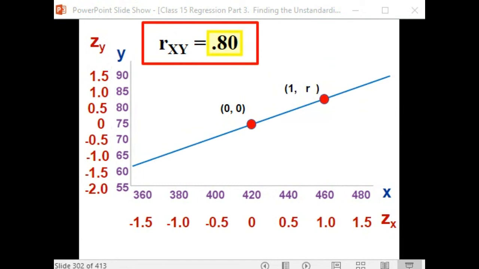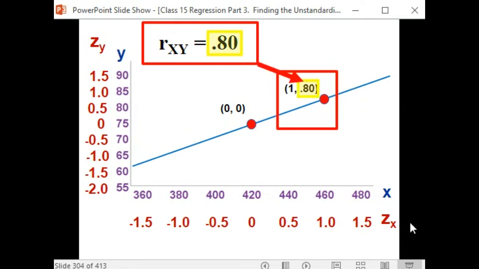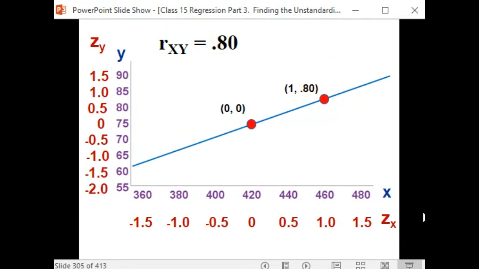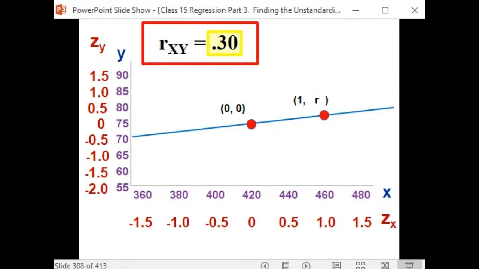Here's another example. For this regression line, r equals 0.80. So the 1r point is the point whose coordinates are 1 and 0.80. And when the ant walks up the regression line between the 2 points, the ant travels sideways 1 standard deviation of x, and the ant travels up 0.80 standard deviations of y. Now, here's a final example.